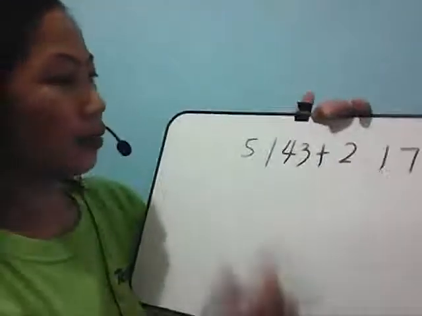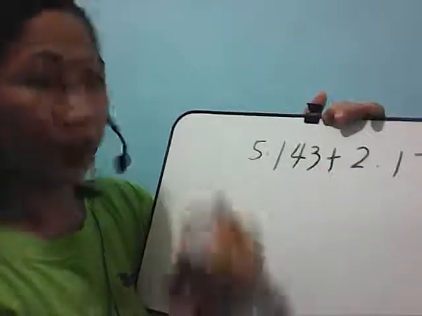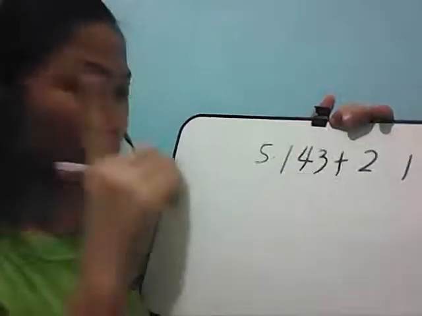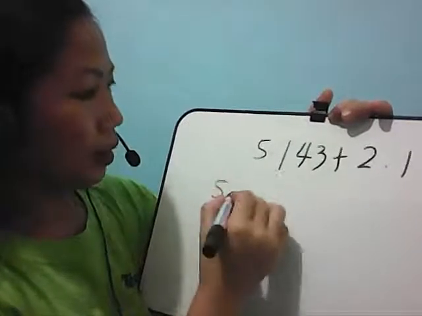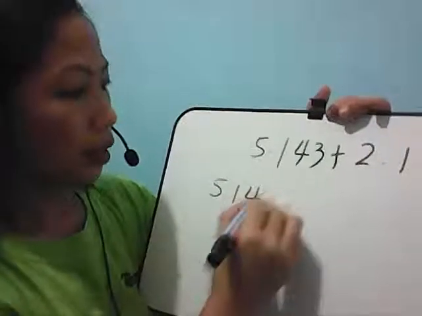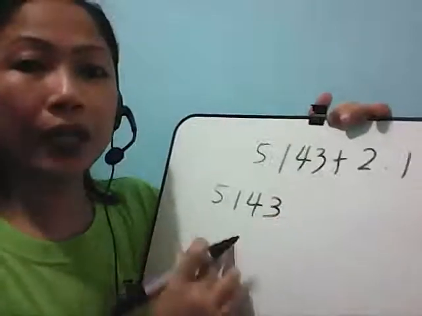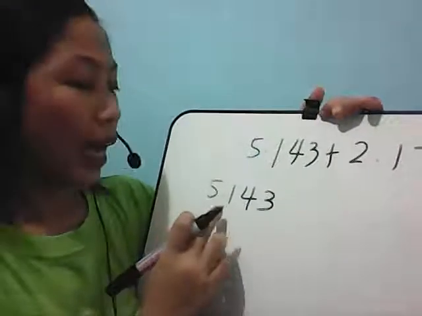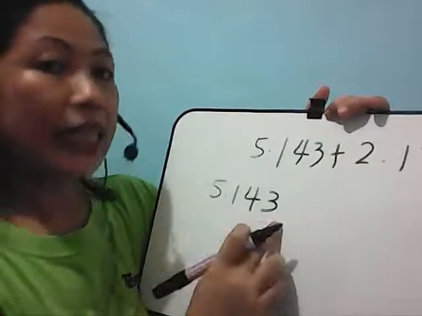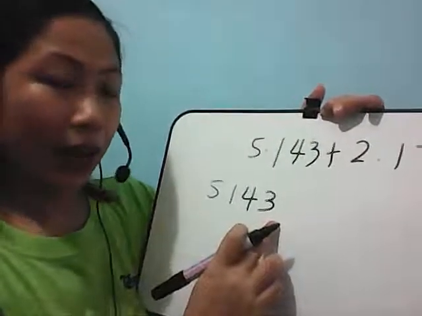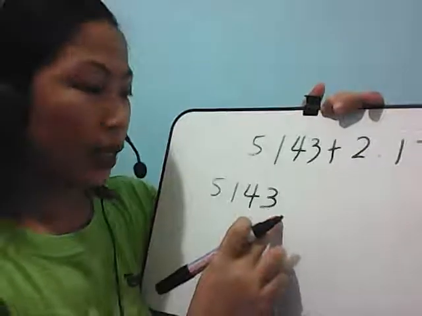All right. So let's go. Rearrange it. First step, rearrange. 5.143, or we read as 5 and 143 thousandths. All right. Why is it thousandths?